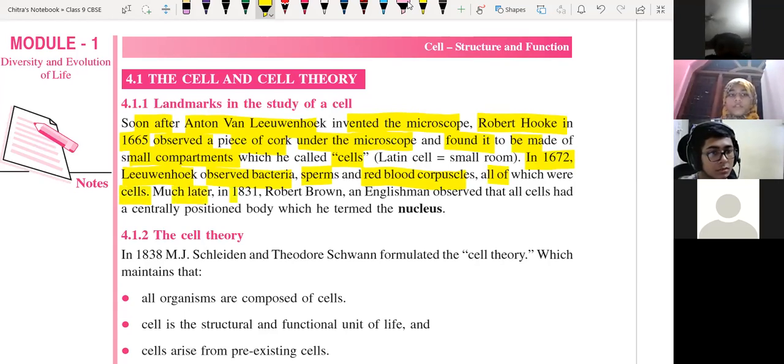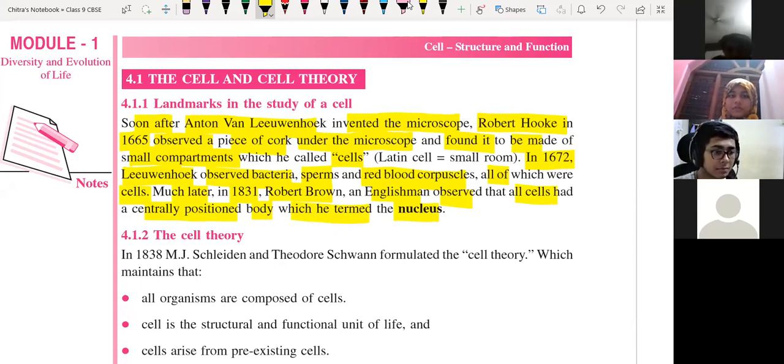Much later, in 1831, Robert Brown, an Englishman, observed that all the cells had a centrally positioned body, which is termed the nucleus. At the center of the cell there is a dense structure, and that dense structure is nothing but the nucleus. So who discovered the nucleus? In 1831, Robert Brown.